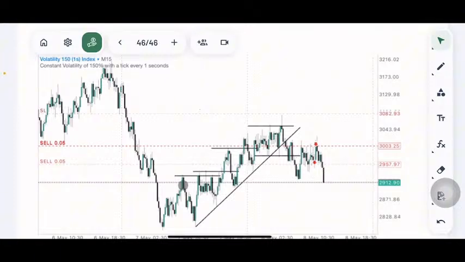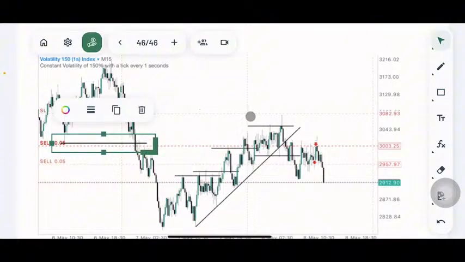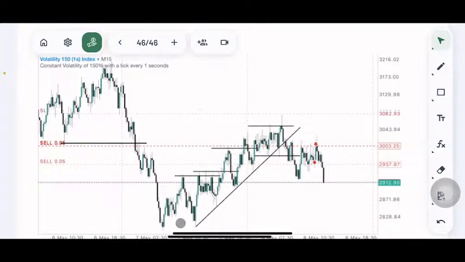As you can see on the screen, first of all, I saw a break of structure at about this point. Price broke structure right here and was coming down. As it was coming down all the way from this point, all the way to here, it came down and started reversing. While it was reversing, you can see it was moving in this pattern.